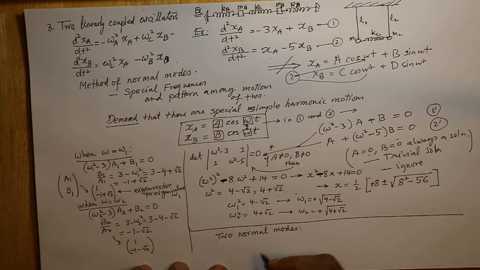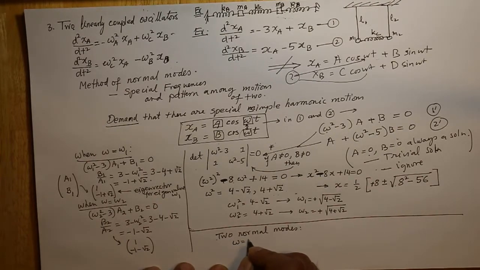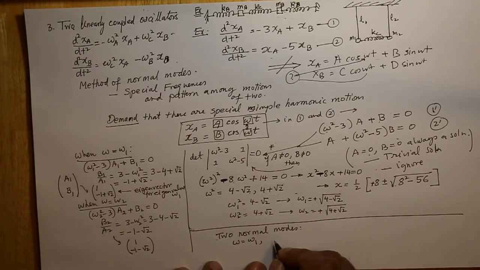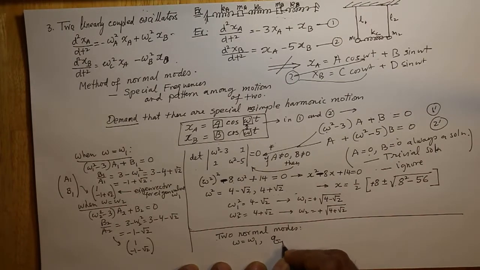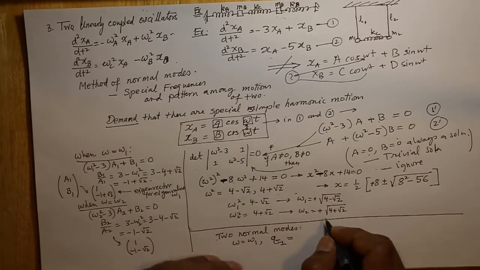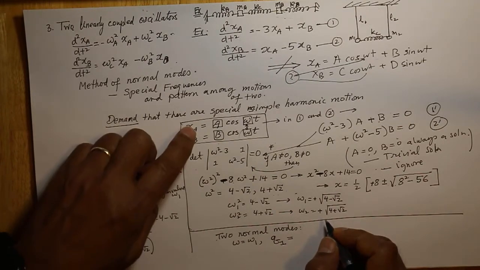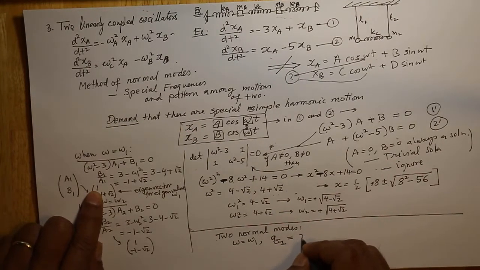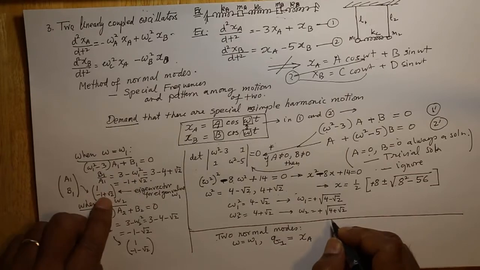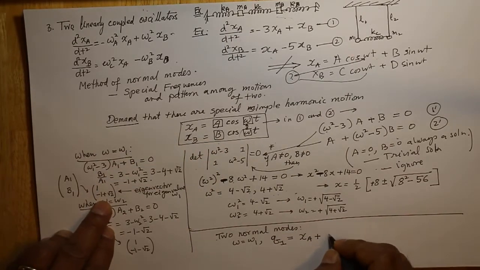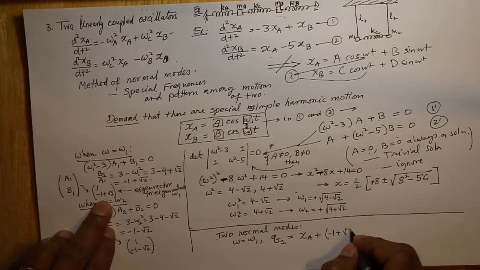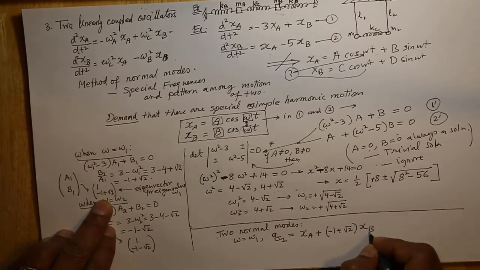One is omega equals omega 1, and in that case I have a solution I'm going to call Q1, where the A1 goes with XA and the B1 part goes with XB: XA plus minus 1 plus square root 2 XB.